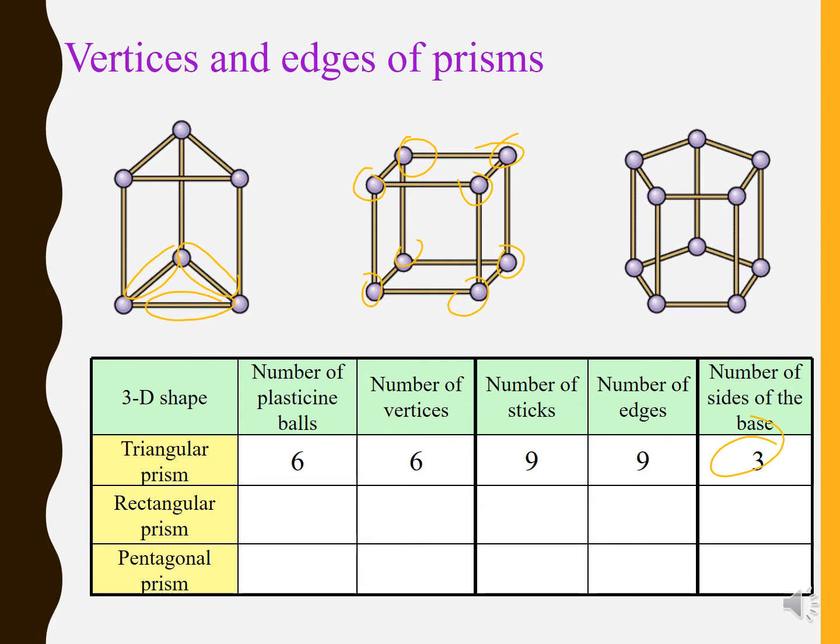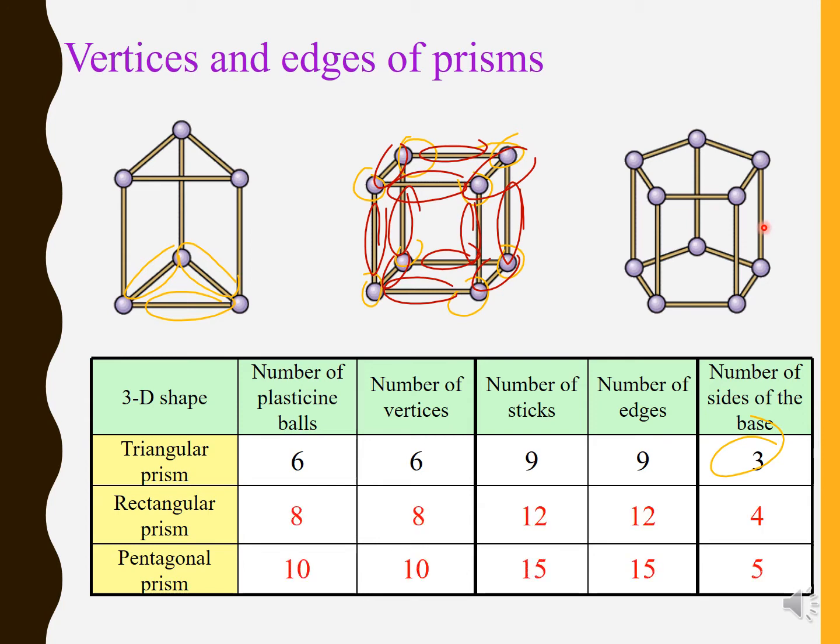And then for the sticks, at the bottom we have 4, on top we have another 4, and in the middle we have another 4. So 4 times 3, we have 12 sticks. That means the number of edges is 12. And the number of sides of the base, as it is a rectangle, is 4.